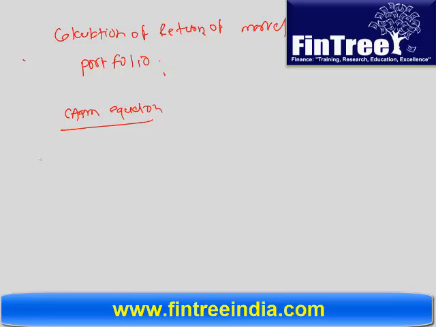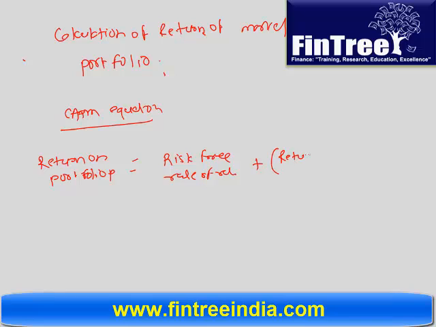CAPM equation is return on portfolio P is equal to risk-free rate of return plus return on market minus risk-free rate of return multiplied with beta of the portfolio.